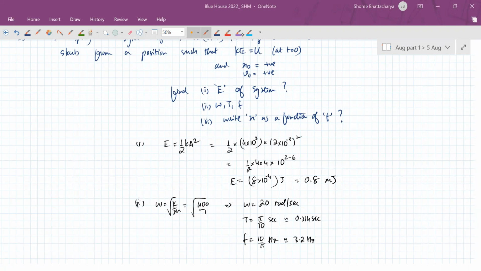Piyush, I think you have taken the value of K in Newton per meter, but it is in Newton per centimeter. Huh? Sir, no sir, I converted the values. Sir, I actually forgot I had to take the square, that is why my answer is coming wrong. Okay.